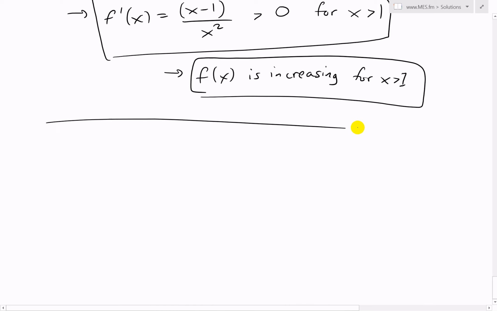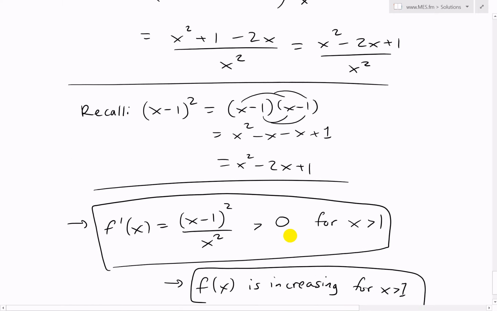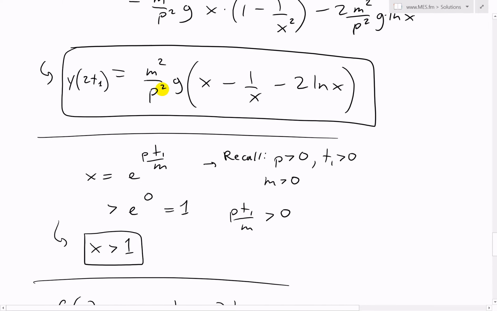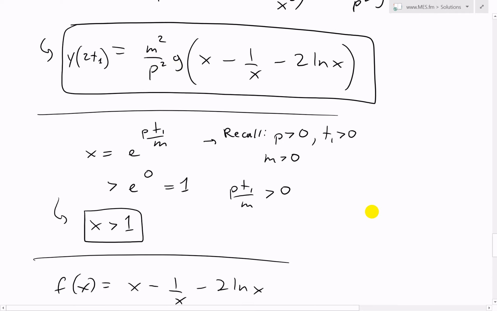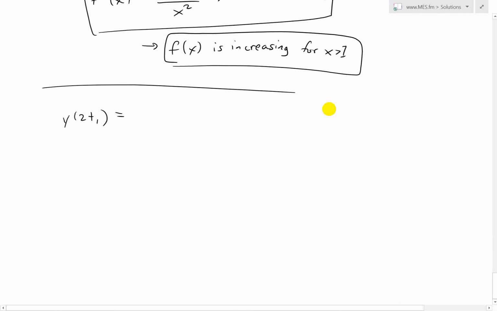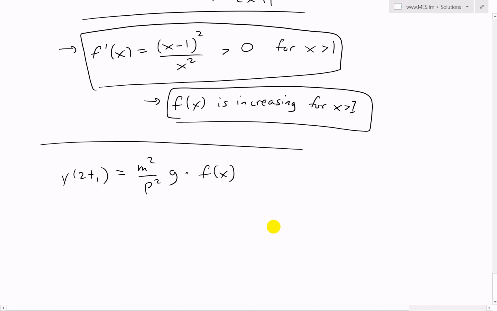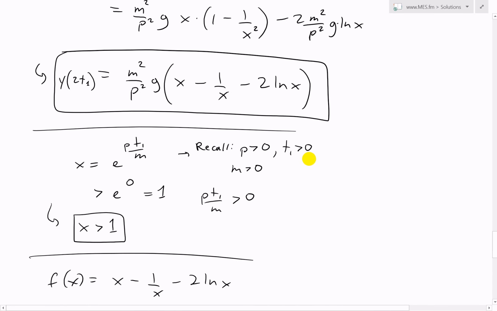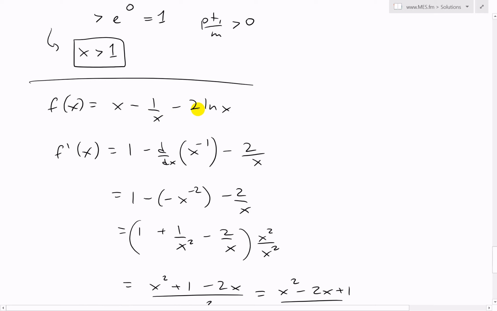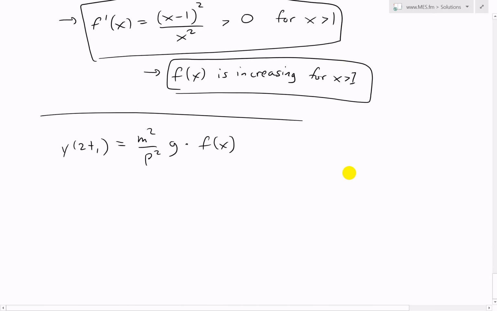So let's look at our y of 2t function. y of 2t1 is equal to, let's scroll up again, m squared over p squared times g, and then times our f of x, where f of x is just equal to, again, I just want to clarify, x minus 1 over x minus 2 ln x, and again that's from here as well, and it's just a function of x. So that's what it is right here.